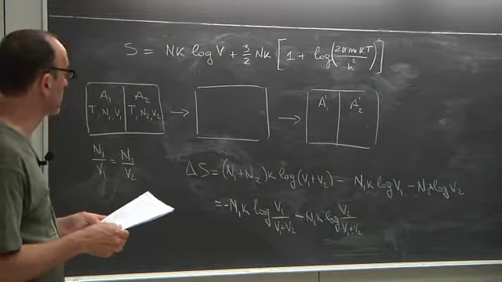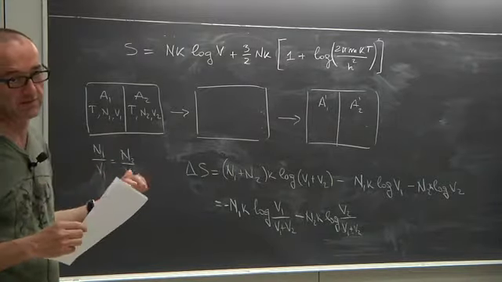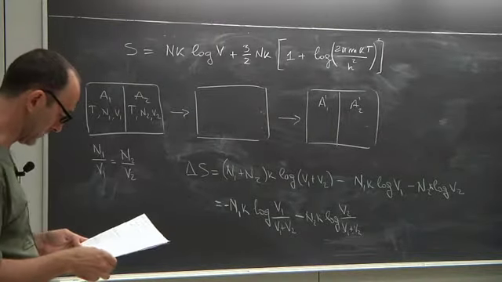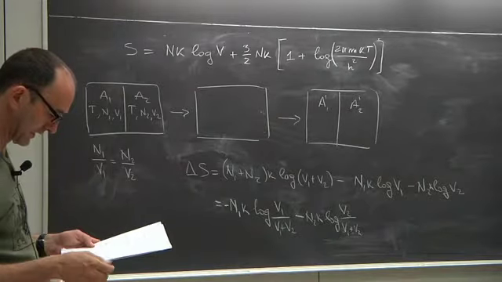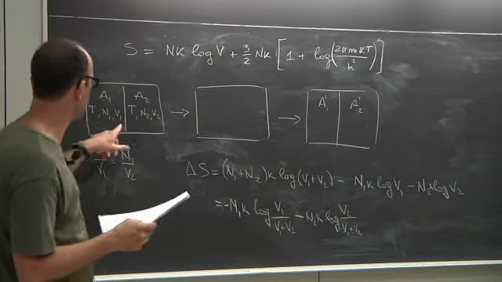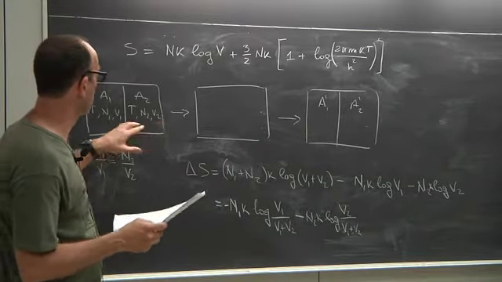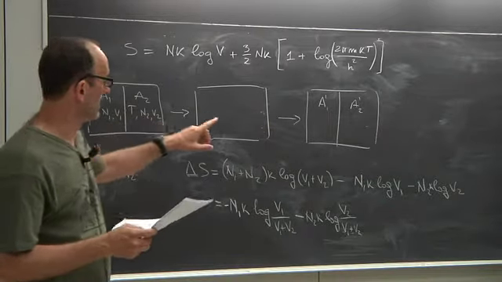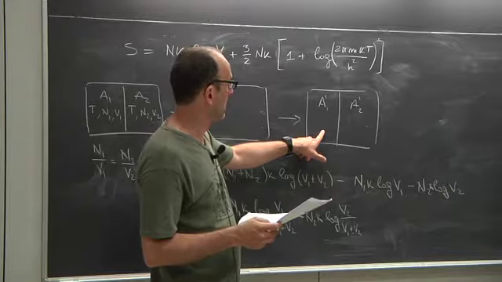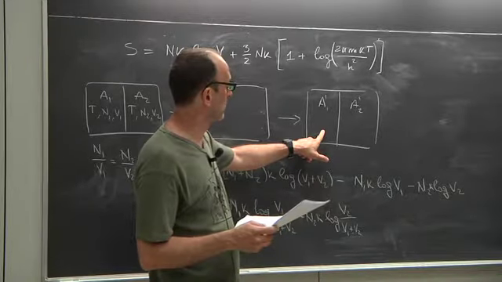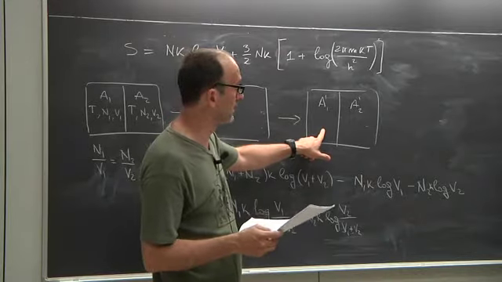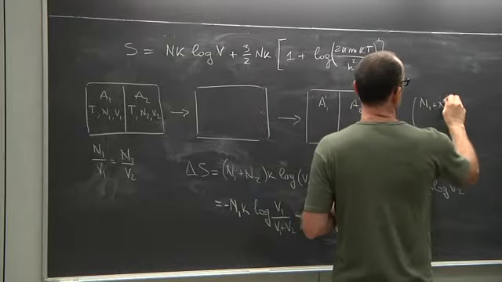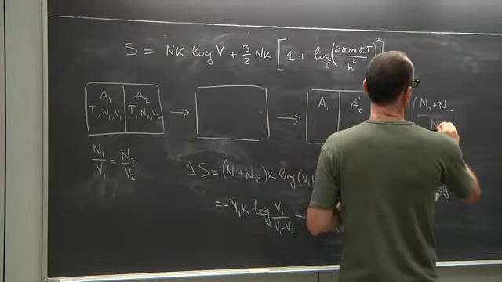So this is called the Gibbs paradox. How to solve this paradox? Well, the idea is that when you have the same gas in both these two systems, the number of different configurations which you can get at this stage is N1 plus N2 choose N1.